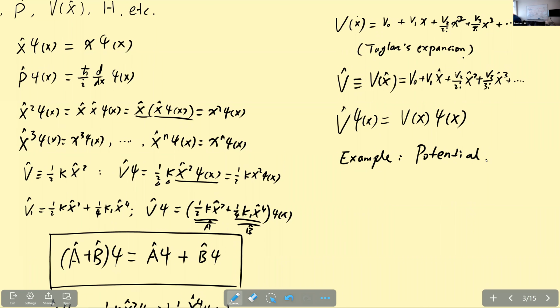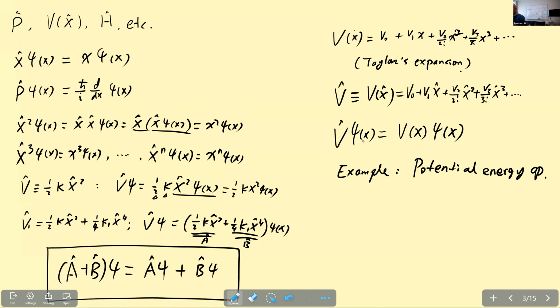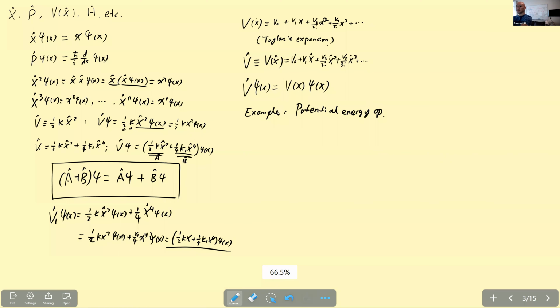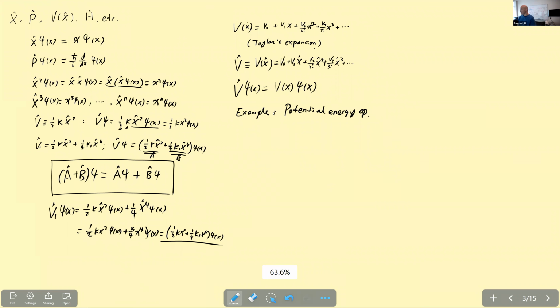So you can have a potential energy operator introduced like this, okay?